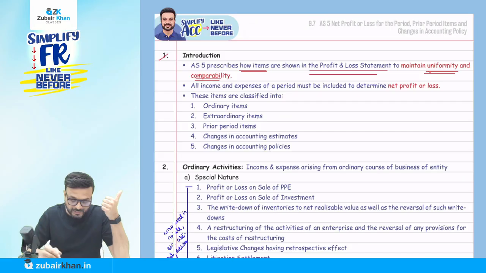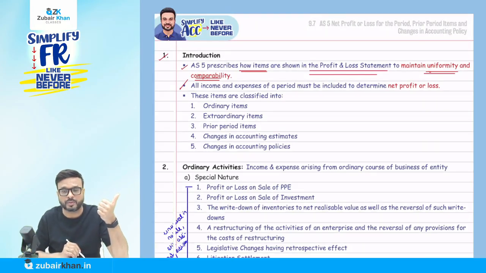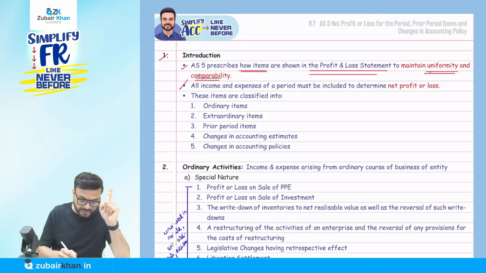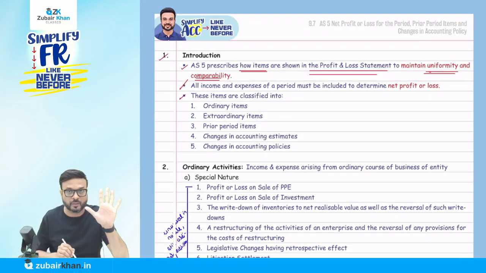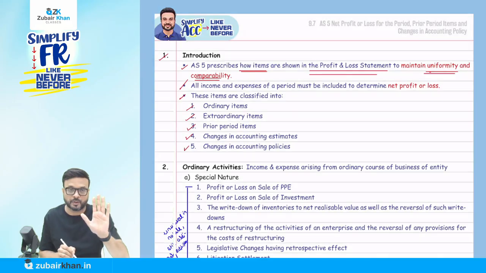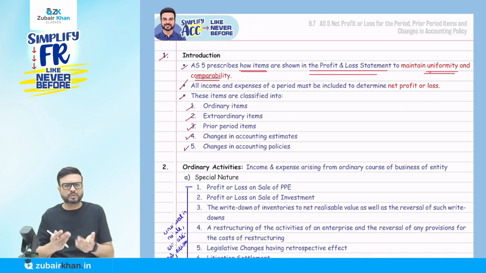Second, it says all income and expenses of a period must be included in the P&L account to determine the profit or loss. Now, these items are classified into five: ordinary items, extraordinary items, prior period items, change in accounting estimate and change in accounting policy. We'll discuss each of them in detail and how to present them in the P&L account.